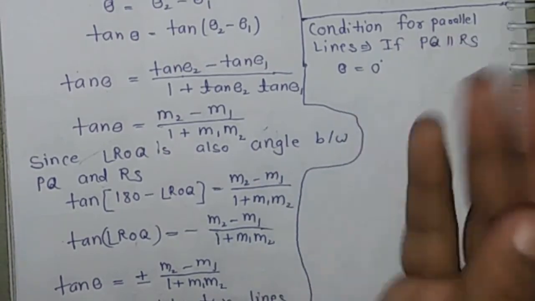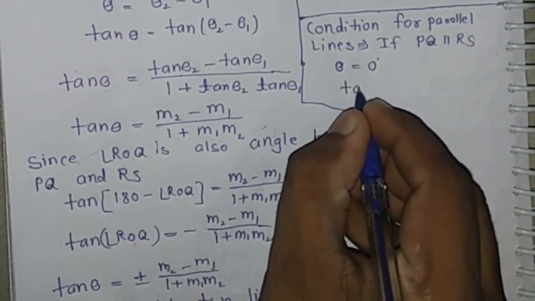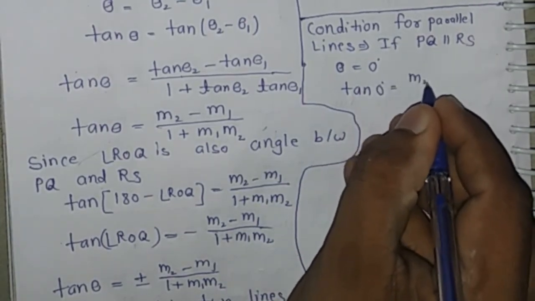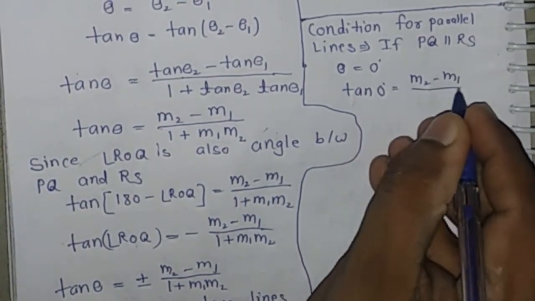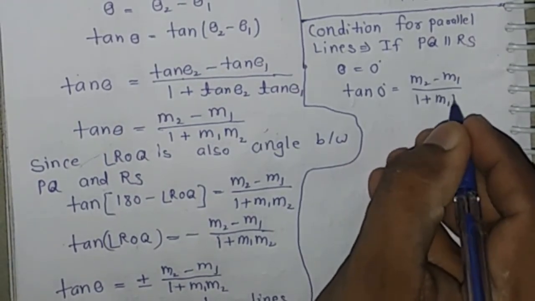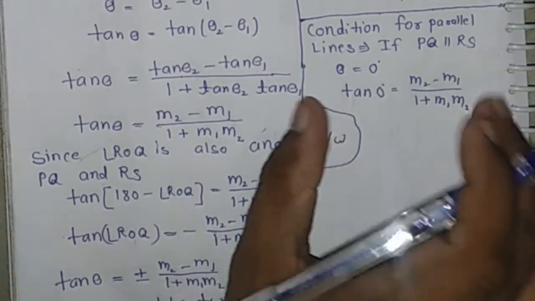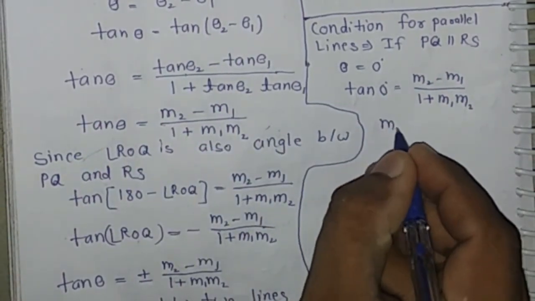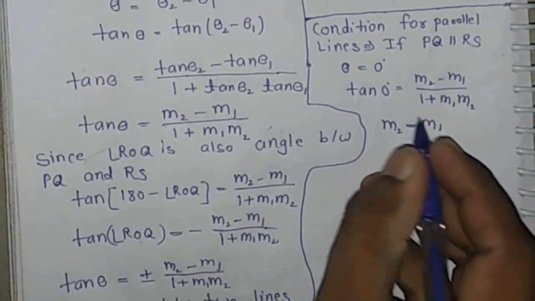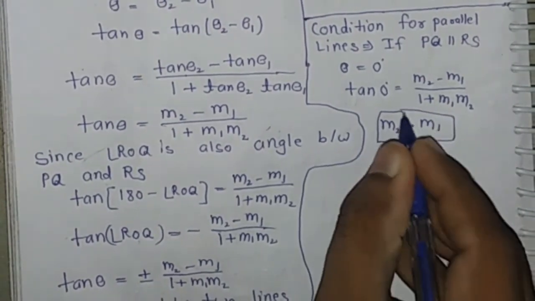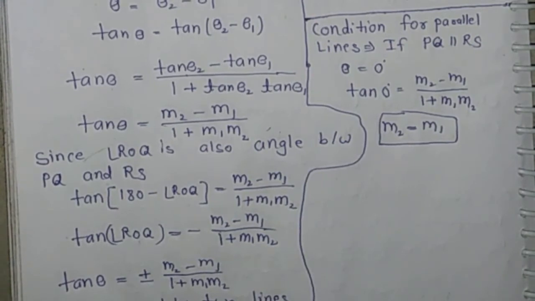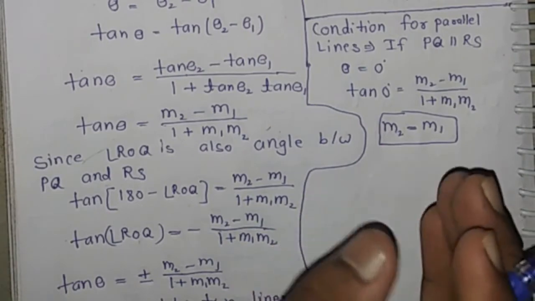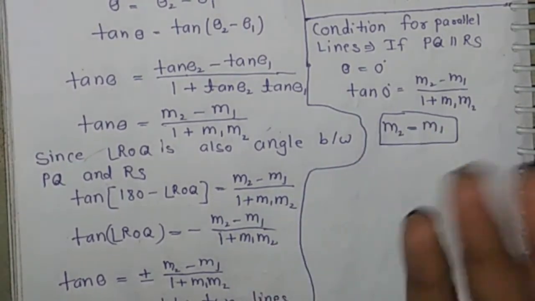Angle between these two lines is 0. It means tan 0 equal M2 minus M1 by 1 plus M1 M2. Put the angle between these two lines PQ and RS in the given formula. We have M2 equal M1. On solving, we have M2 equal M1, means if two lines are parallel, then their slopes are equal.